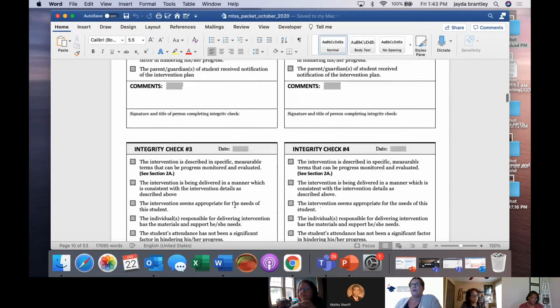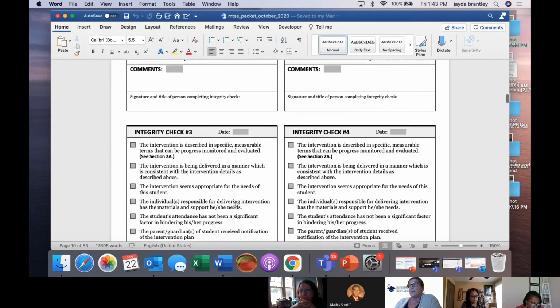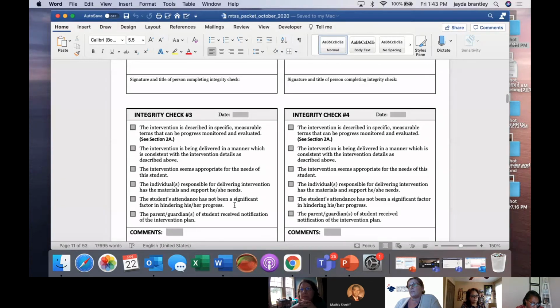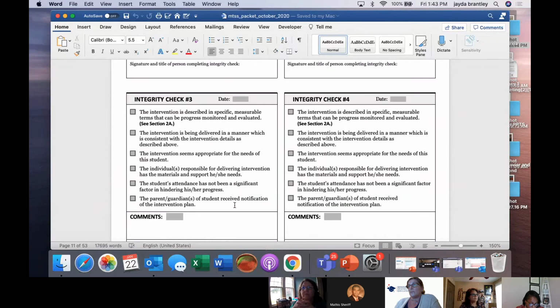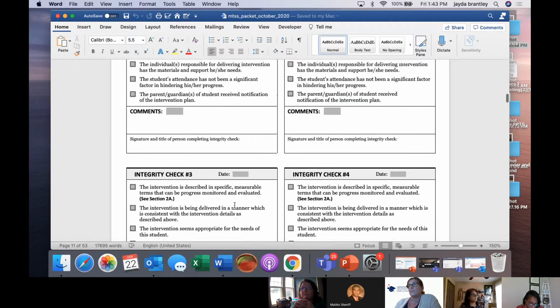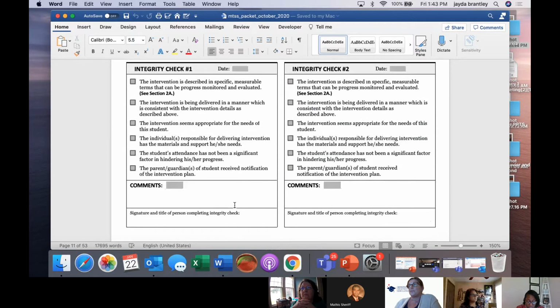Okay, so what happens if the administrator or designee goes in for the integrity check, either the first or the second, and they cannot check off everything in the box? Maybe the interventions just aren't happening.